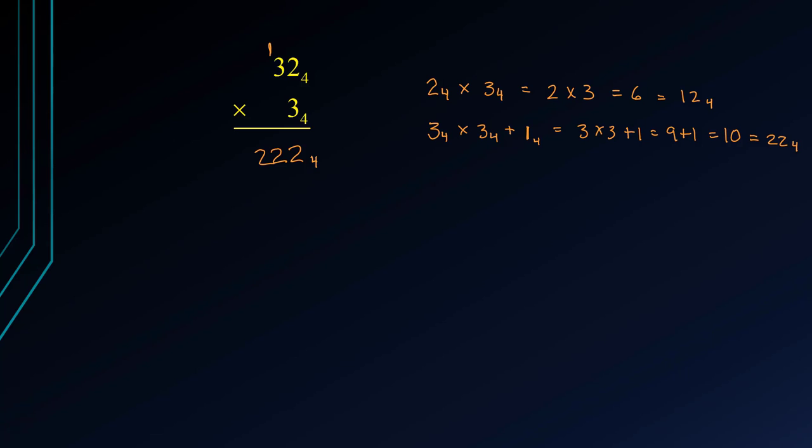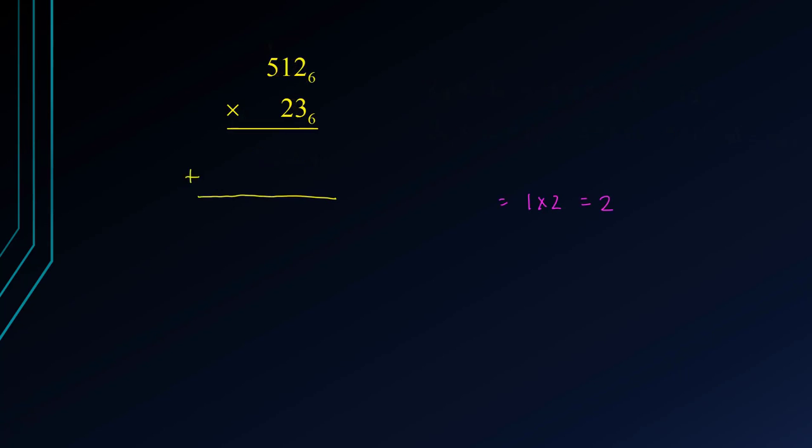Now this process gets a little bit more complicated when you start having more digits to contend with. So take for instance 52 base 6 times 23 base 6. So the first number I'm going to be looking at is 2 base 6 times 3 base 6, which in base 10 are the same thing, and I'm going to end up with 6. Well, 6 in a base 6 system is going to be equivalent to 10 in base 6.